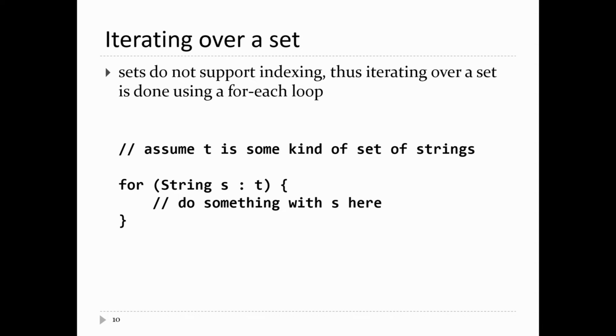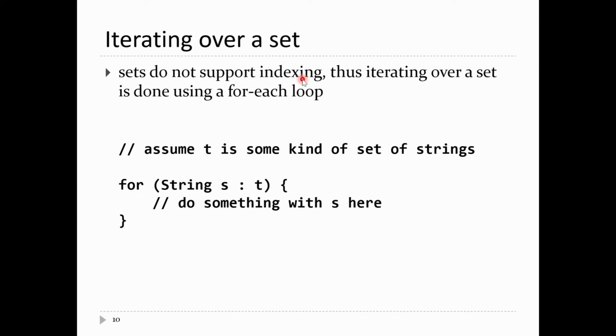Okay, so sets don't support indexing. It's really weird when you use them for the first time because you say, well, I want to get this element from the set, and there's no way to do it. What you have to remember is that if you're using a set and you want to get a particular element, then you know that that element is already there, so you don't have to get it anyway.